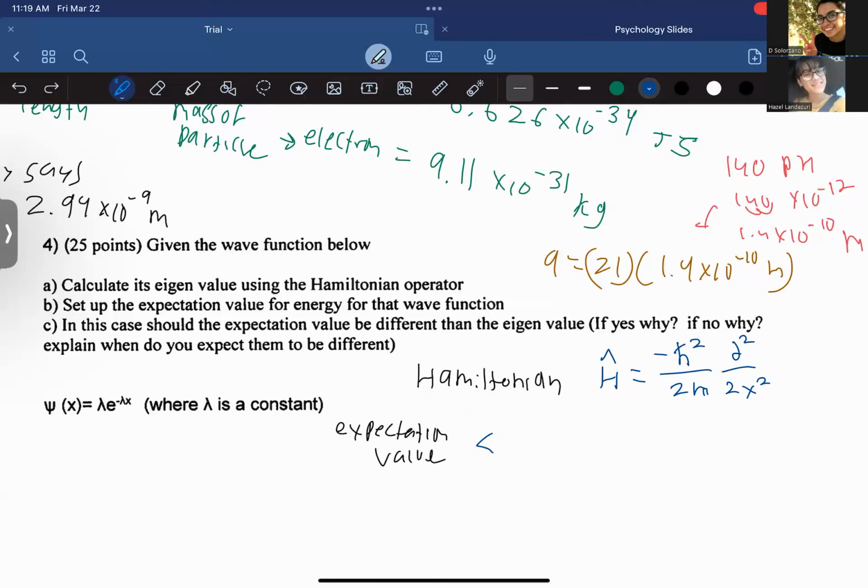The expectation value is the one we don't have to solve fully through, right? It's the one we just set up. Yeah, you just set up. If she asks you to solve, she's being mean. Integral from negative infinity to infinity of the wave function star.